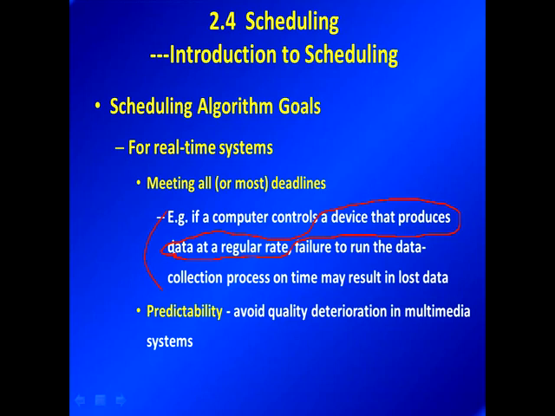So you can see in real-time systems, there is a strict limitation on the deadlines. It has strict criteria on the evaluation. So for this part, we don't need to put too much effort.